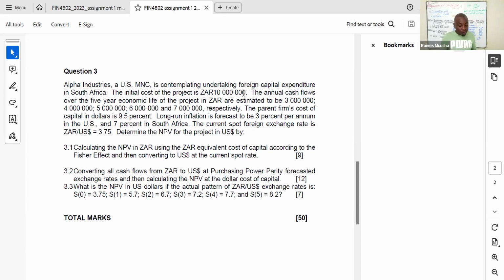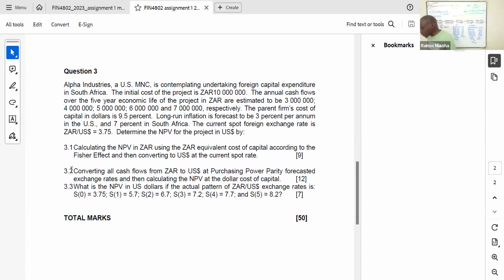Our cost of capital is already given in dollars at 9.5%. Now, our cash flows are in ZAR, so we need to convert these cash flows to dollars, then find the net present value using the dollar cost of capital.